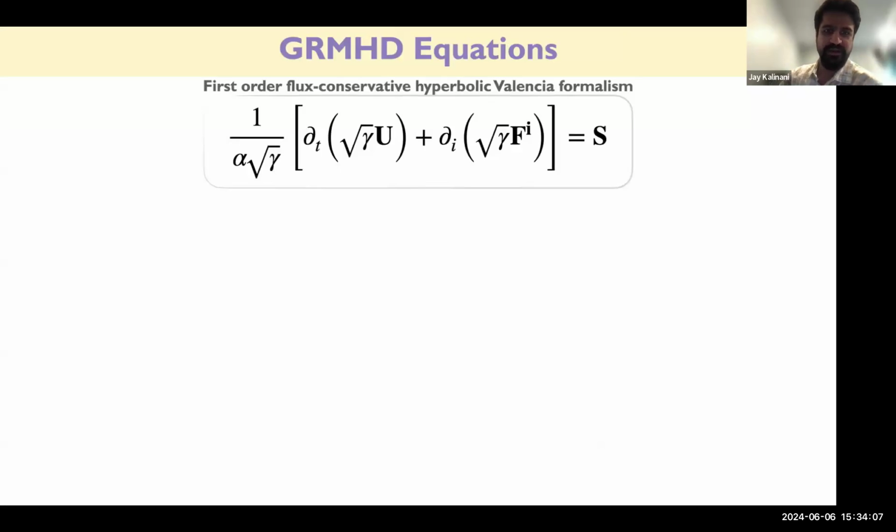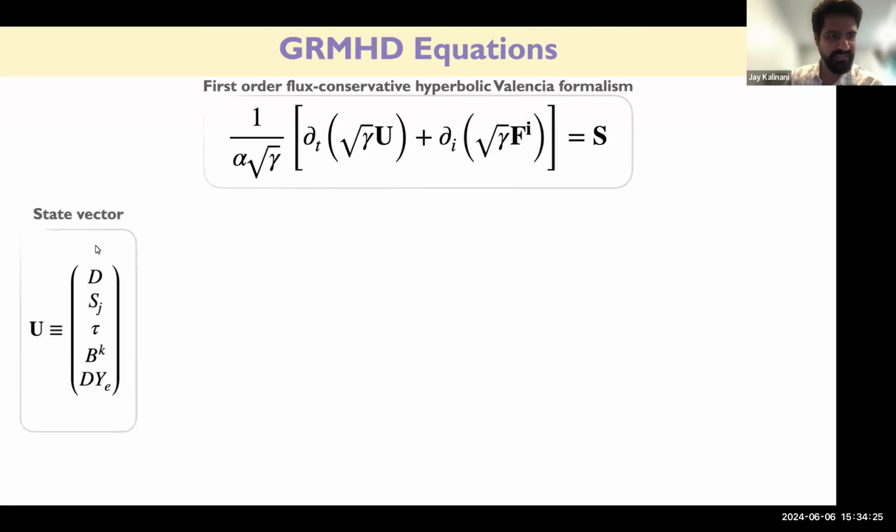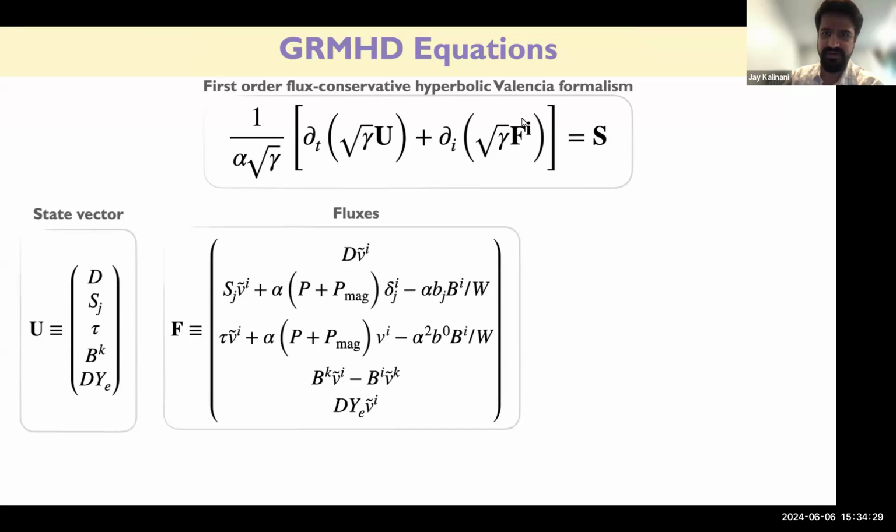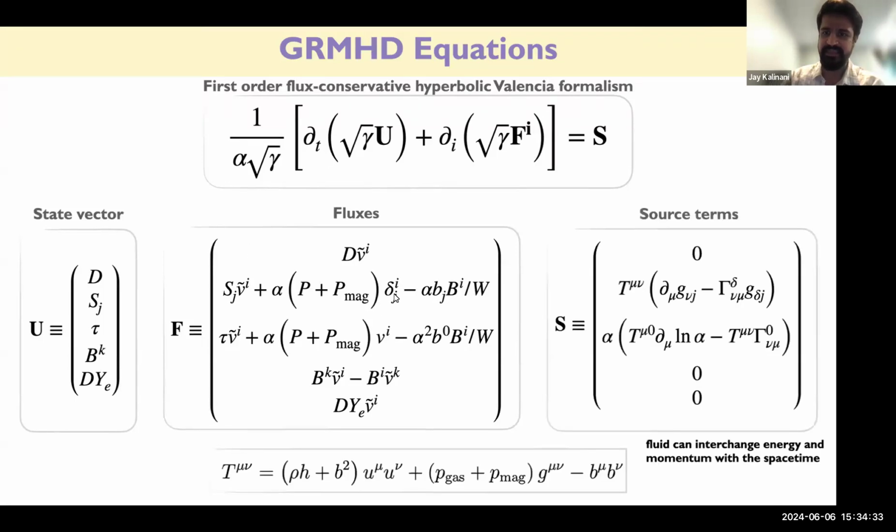Sorry about that. So for the Valencia formulation, the GRMHD equations are formulated as a set of first-order flux-conservative hyperbolic equations of this form, where you have U as the state vector, and F here stands for the fluxes, and S are the source terms.